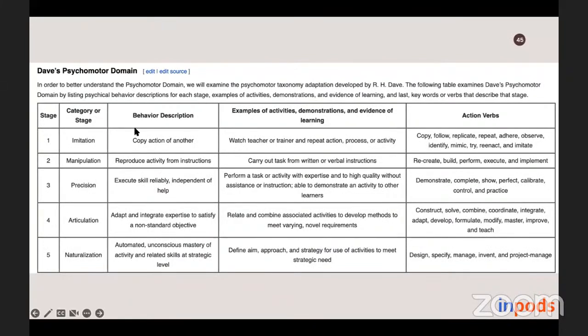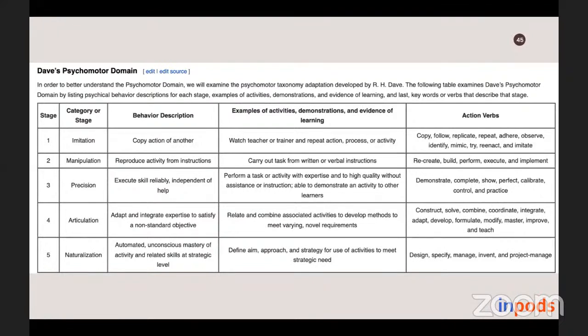When the original research was done by Benjamin Bloom, Anderson, Krathwohl, and others in that team, they had not designed the psychomotor domain taxonomy. So this taxonomy, which I'm showing right now, wasn't part of the original research by Bloom.